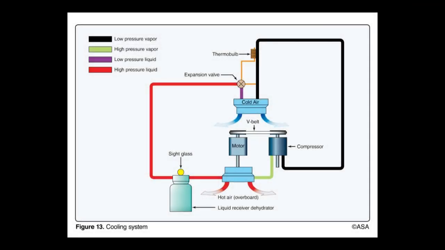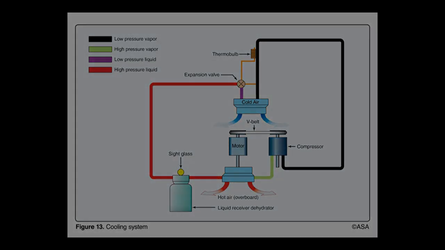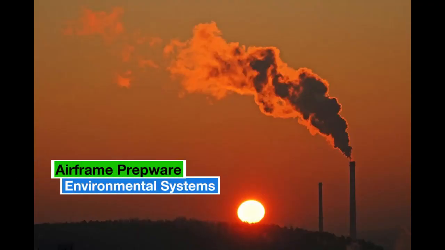Determine what unit is located immediately downstream of the expansion valve in a Freon refrigeration system. Evaporator coils. Which oxygen system employs a regulator that operates only when the user inhales? Demand flow system.